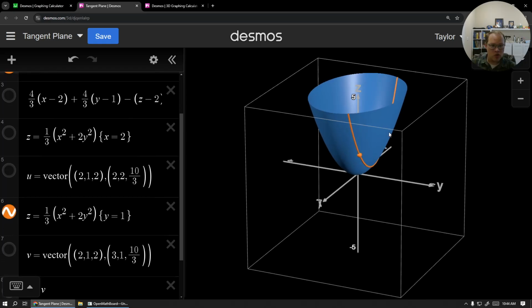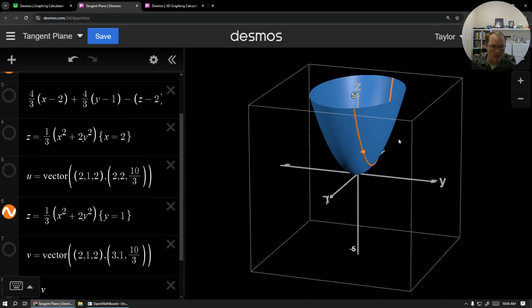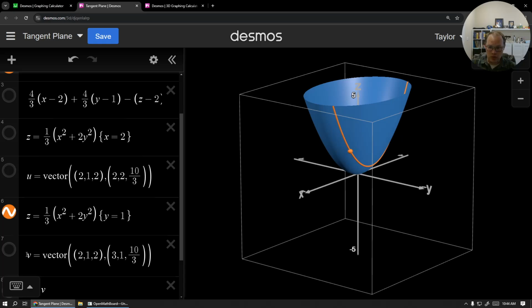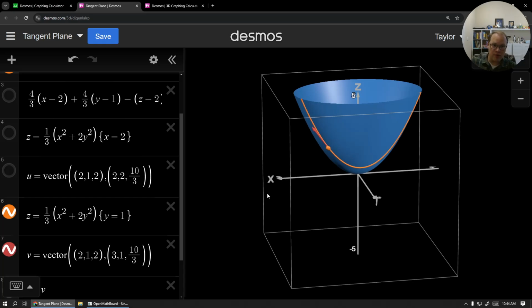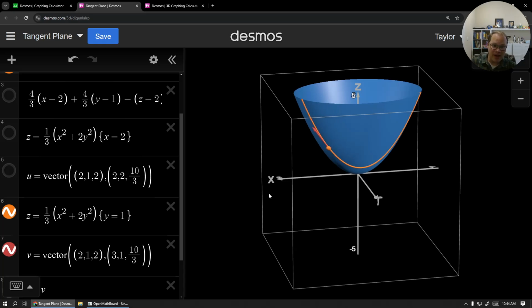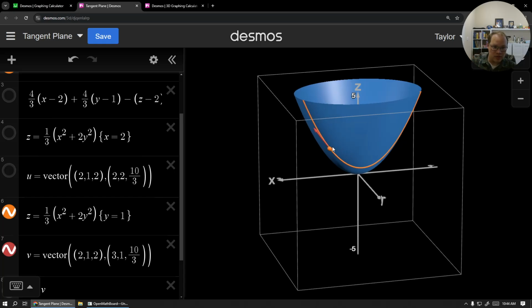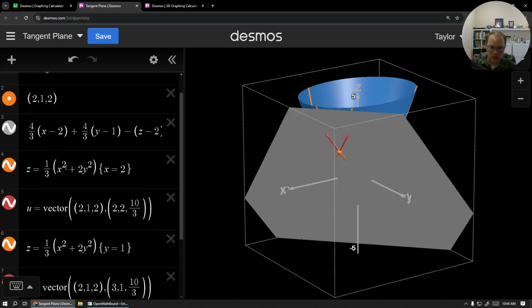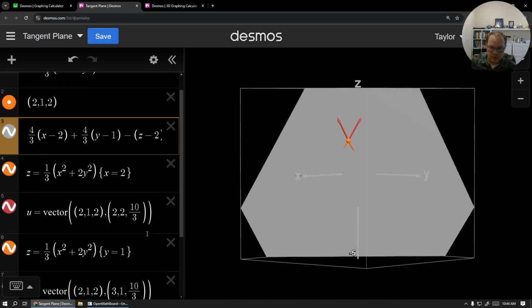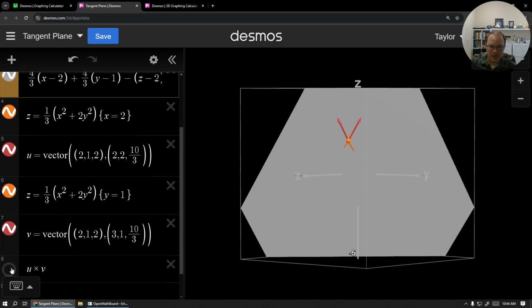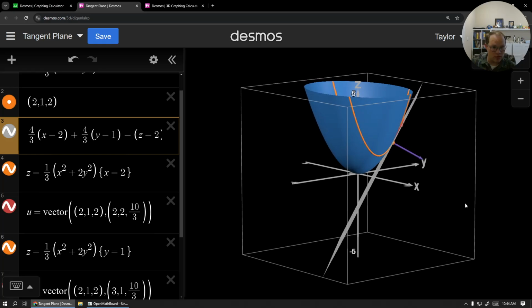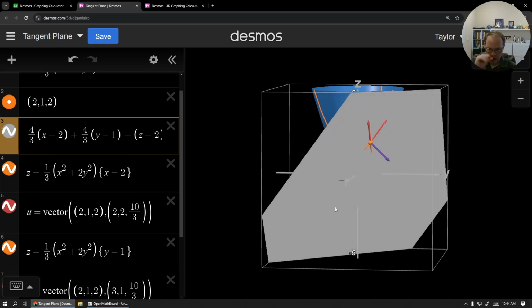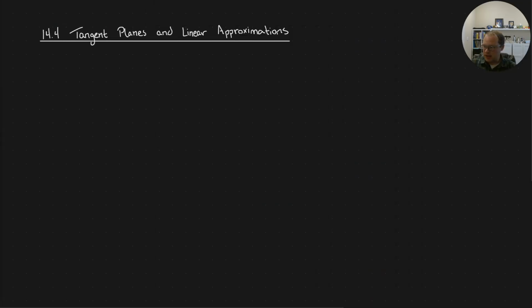If I look at the trace in the x direction holding the y value fixed, I could take the partial derivative at the point, and using that information, I can construct a vector tangent to the surface. And then using those two vectors, which are now tangent to the plane, I can take their cross product and find a vector normal to the plane. So that's going to be our strategy. Let's see how this works in practice.